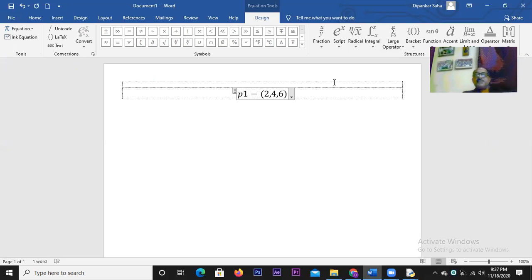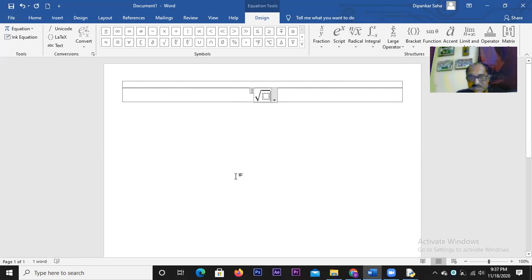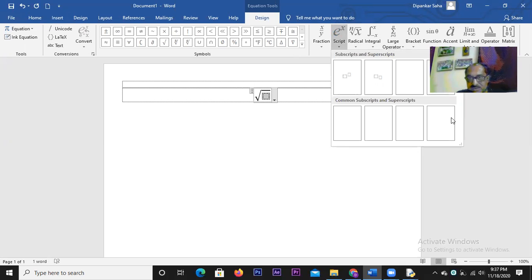If P1 is given, another point P2 is given, then the formula which we use is like this: square root of x1 minus x2 whole square.